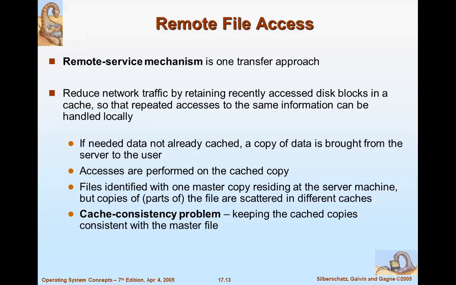Otherwise, they will request the server, and then onward it will be searched in the server cache, then in the server disk, and then it will be provided from there to the client. And even if it's not available at the local server, then the remote server will be accessed. The remote caches would be accessed in this case. If needed data is not already cached, a copy of data is brought from the server to the user.